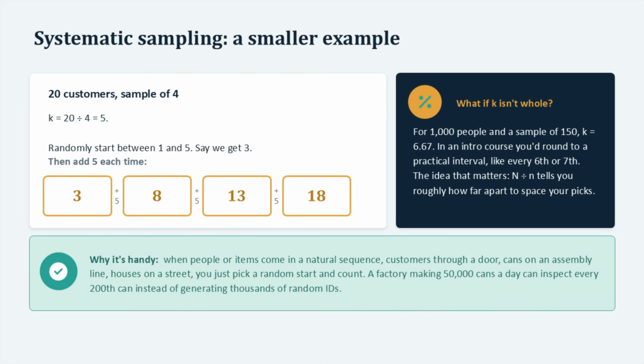Imagine a factory produces 50,000 cans in one day. Instead of generating thousands of random ID numbers, the factory might inspect every 200th can. Much simpler. But systematic sampling does have one real danger, and that danger has to do with hidden patterns in the order of the population. That's what we'll look at next.